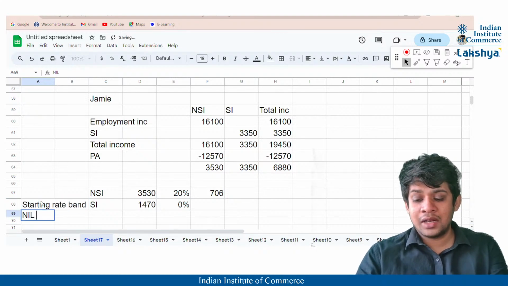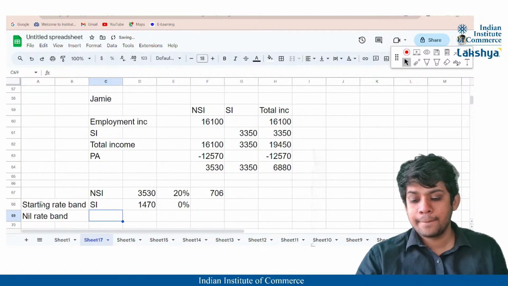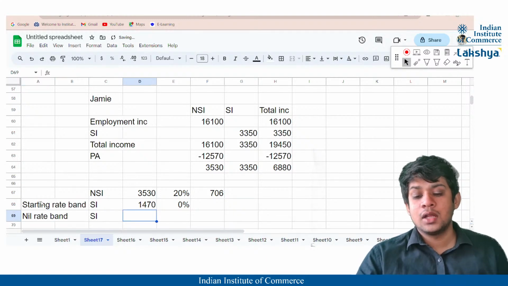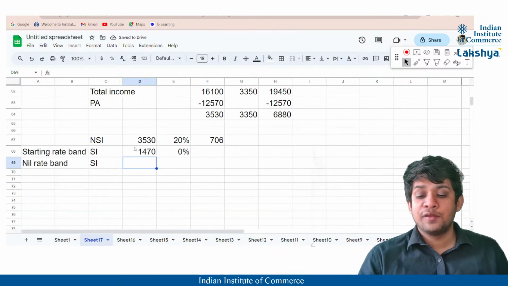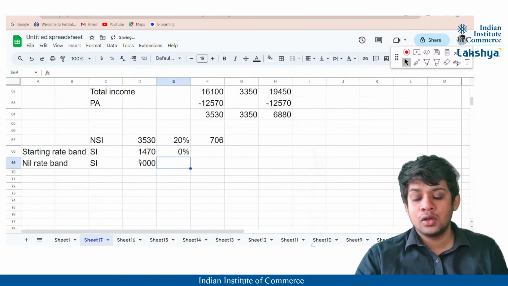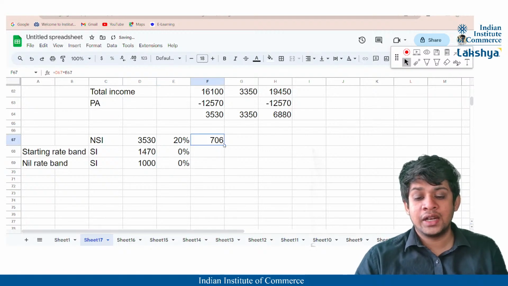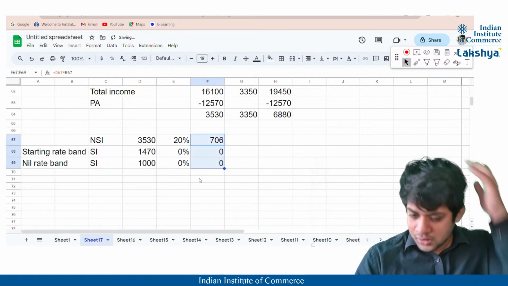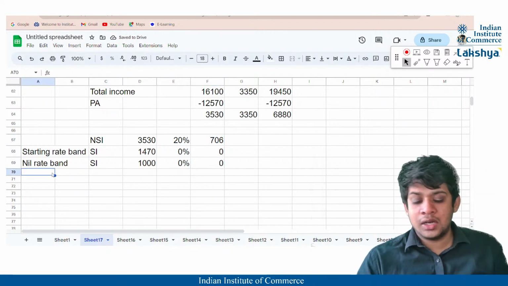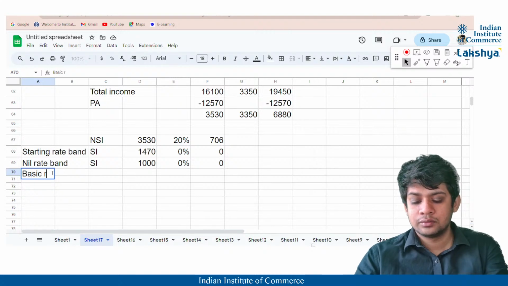Then I will also be having my nil rate band for the savings income. That is going to be simply 1,000. So on 1,000 also I will charge 0%. Lastly, on the remainder of the savings income, the basic rate will be charged.